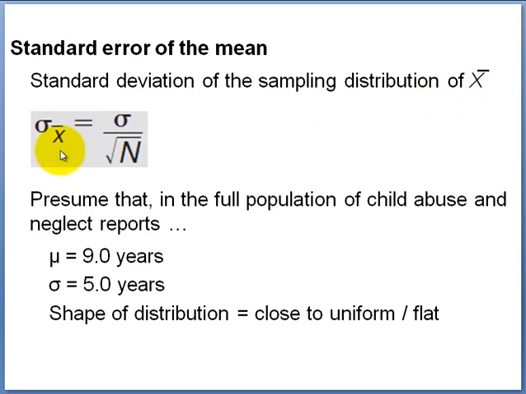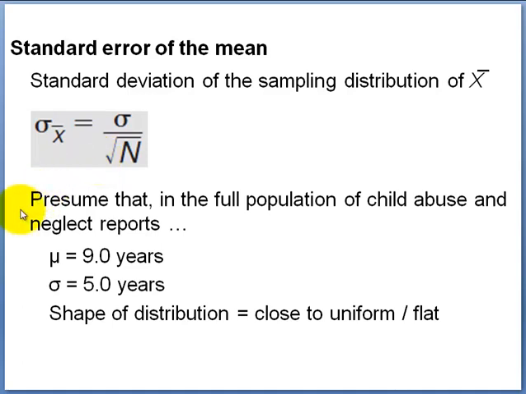So here is our formula for the standard error of the mean. To determine the standard deviation of the sampling distribution of x bar, what we need to do is take the standard deviation in the population, symbolized by sigma, and divide by the square root of the sample size.